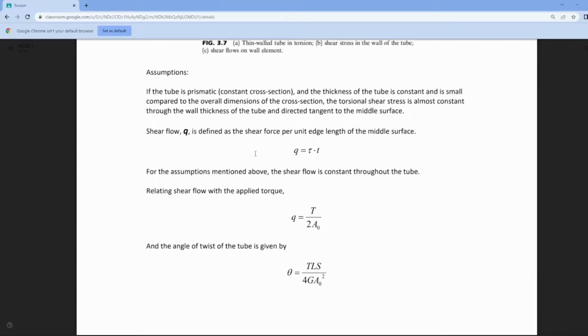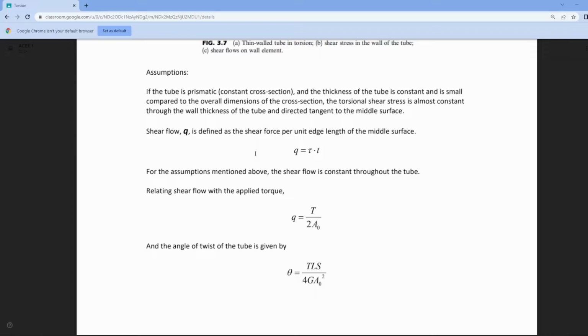Our assumptions: the tube is prismatic, meaning constant in cross-section, and the thickness of the tube is constant and small compared to the overall dimensions of the cross-section. The torsional shear stress is almost constant through the wall thickness of the tube and directed tangent to the middle surface. So, what is shear flow?